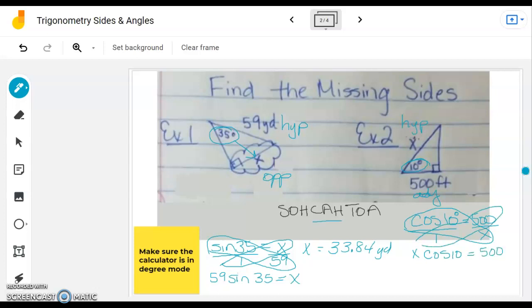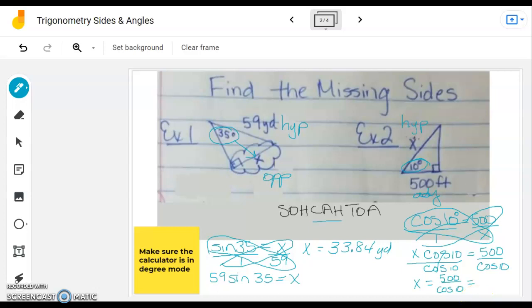I get 500. Okay, so I do need to solve for x. X is multiplied to cosine of 10, which means the opposite is to divide. So I'm going to divide by the cosine of 10. That cancels it here. And I get x is equal to 500 over the cosine of 10. Let's see what that equals.